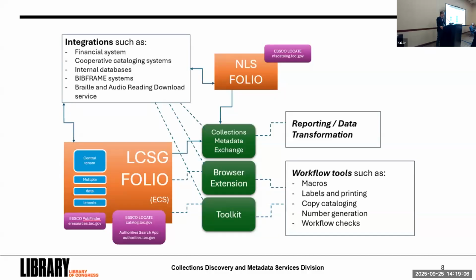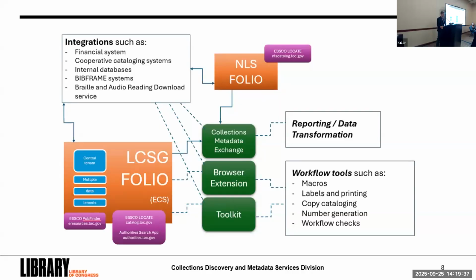So we had integration work that was built by developers at the Library of Congress to integrate with our financial system and other things, to work on data flows, to do integrations with tools that you might not know about, like the Braille and audio reading download service that's part of the National Library Service for the blind and print disabled. But in the middle here, we have these green boxes, which were handled by essentially our team, which was the same team that did the main implementation planning around Folio.